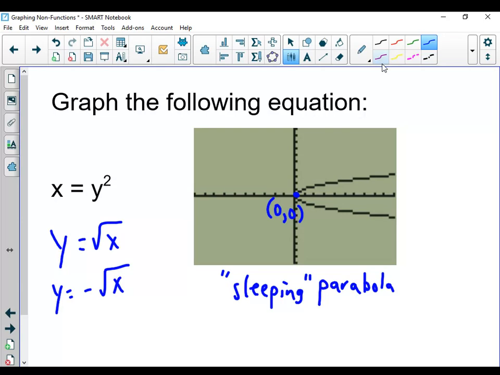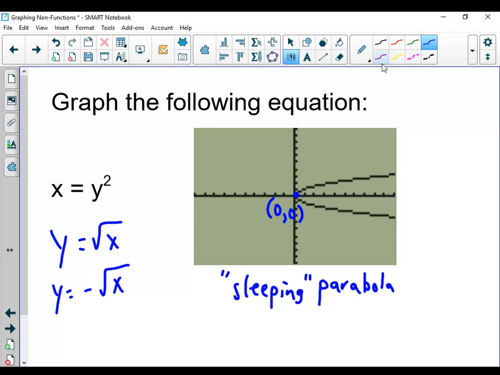What are some other things we looked at with parabolas in the past that we wanted to see if, eventually, we make some changes? Yeah, wider or narrower. Okay, so here in a second, we're going to try to figure out how to do that. What was something else that we paid attention to? Stretch or compress. So we'll figure out how we can do that.